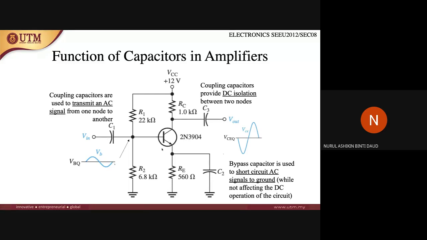Please identify the function of each capacitor, because if you lose marks at this part, it is a pity, since these are very straightforward questions that you just need to memorize. You don't have to do any calculation for this.